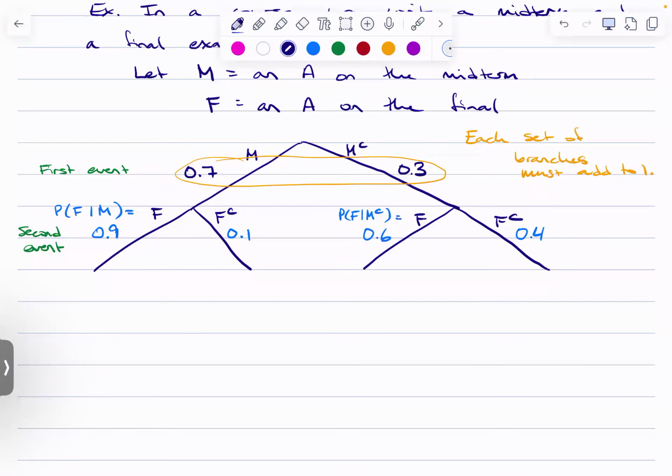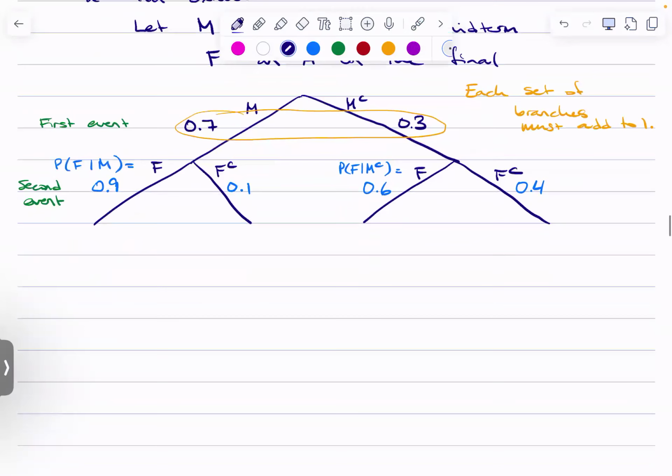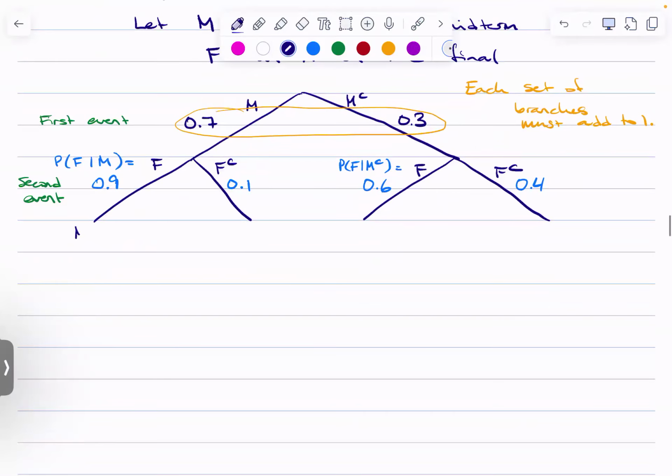Now, my shorthand is pretty sloppy, so usually I just make a little note to myself what the combination is at the end of each branch.